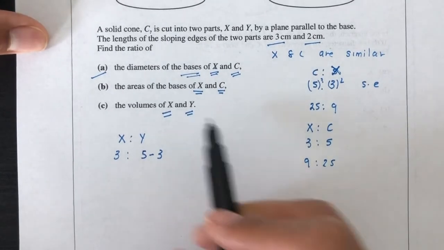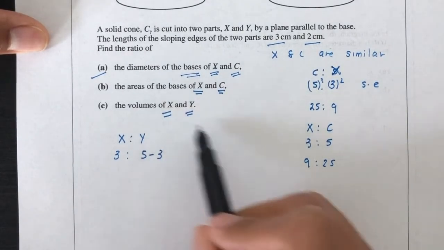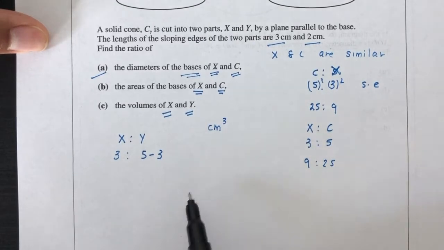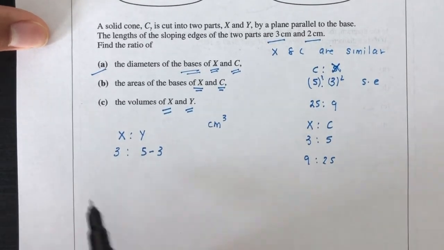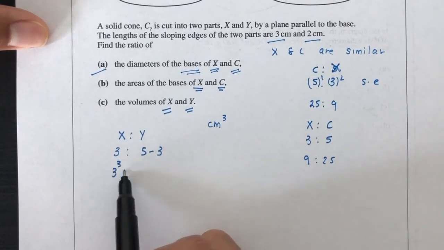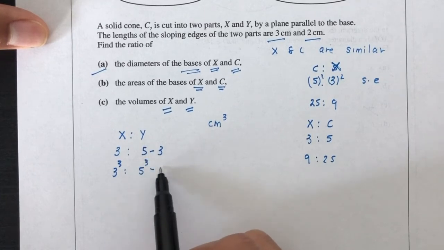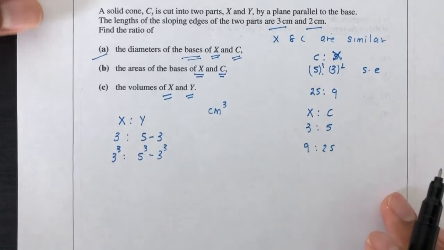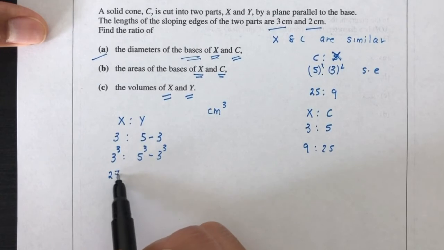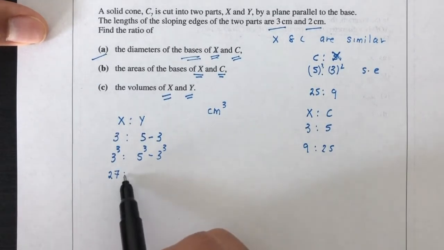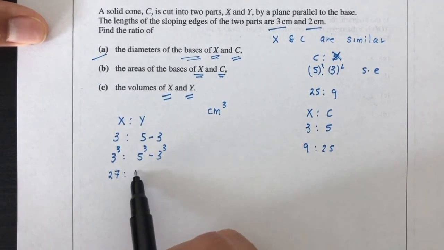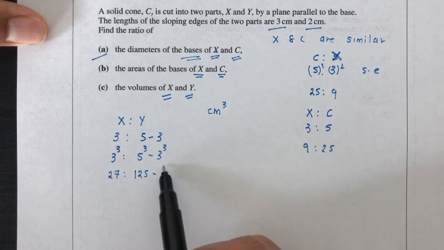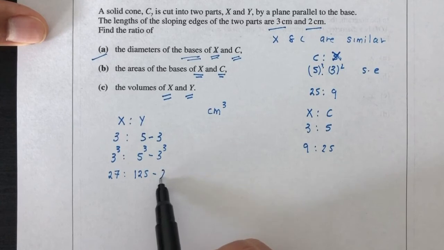Now for the volume, because the unit of volume is centimeter cube, we have to cube every element. So that becomes 3 cube, and 5 cube minus 3 cube. That becomes 27. And this becomes what? 25 times 5, 125 minus 27.